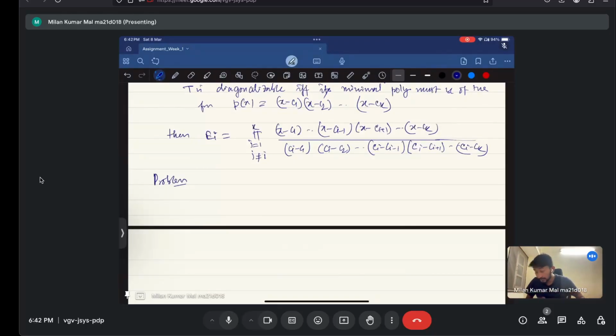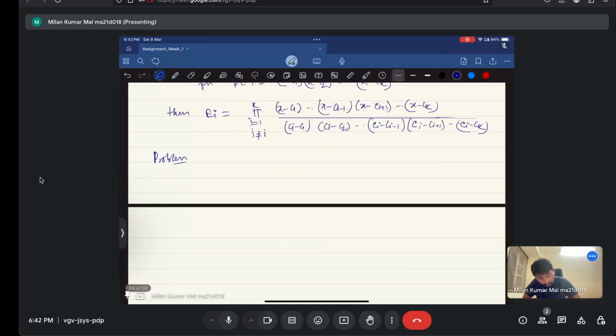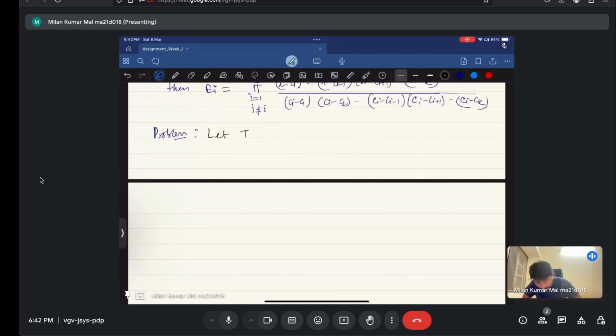The problem says: let T be a linear operator on a finite dimensional vector space V over F with dimension of V equal to n.